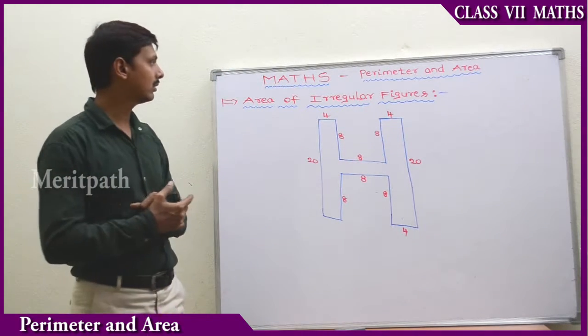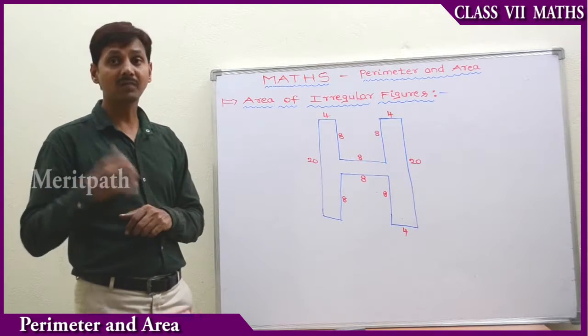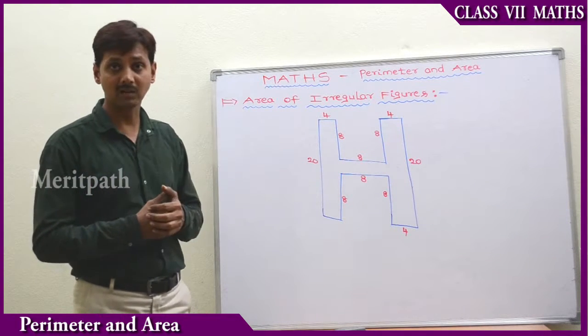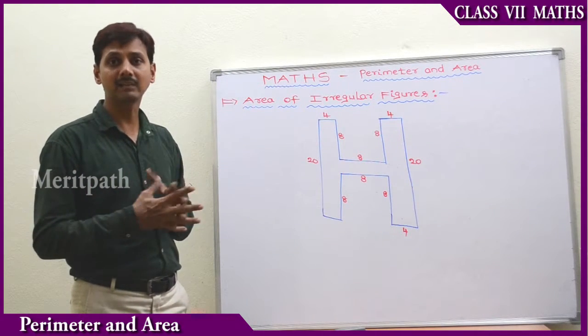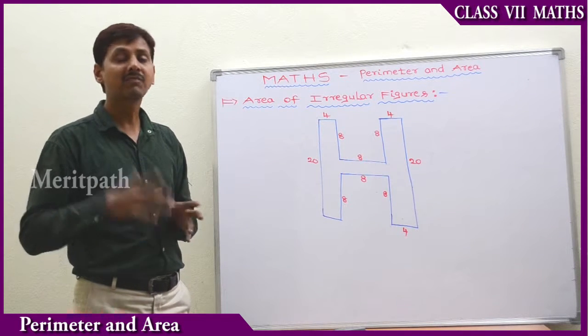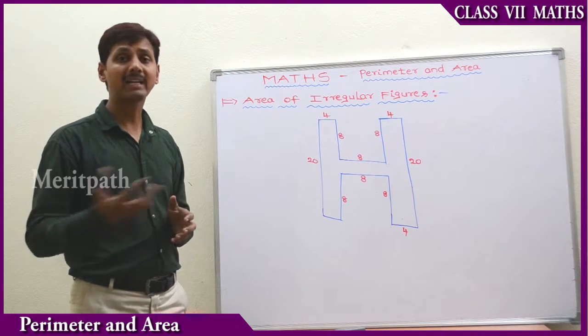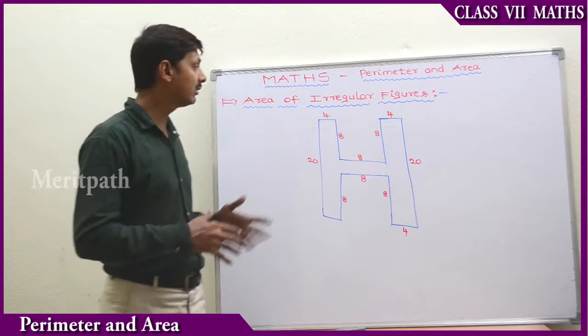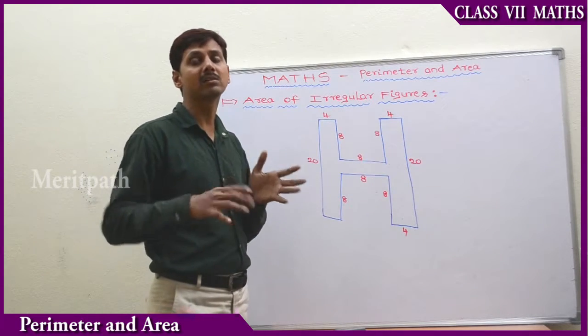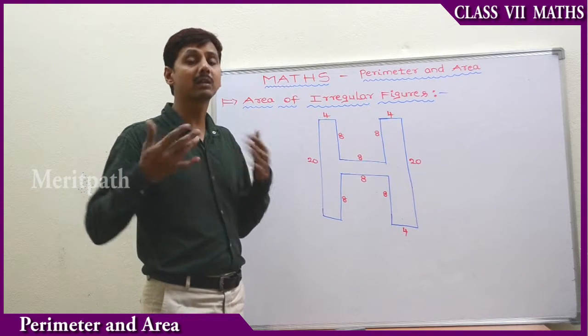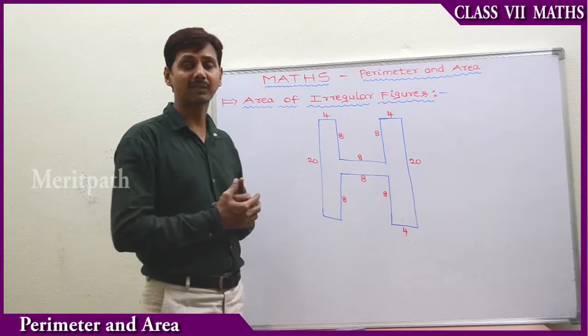So let's find the area of an irregular figure, which has different sides and different angles. As we discussed, we need to divide it into some rectangles, squares or triangles, whatever figures we have in it.